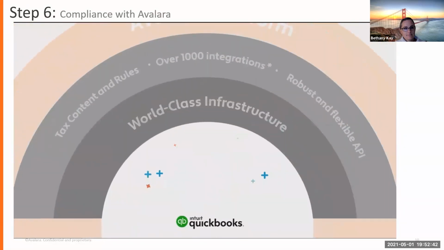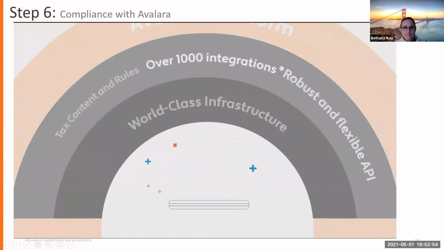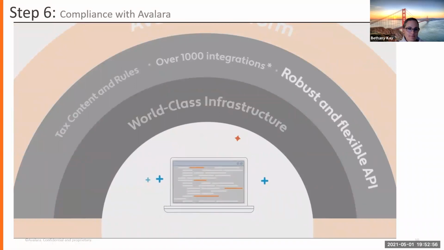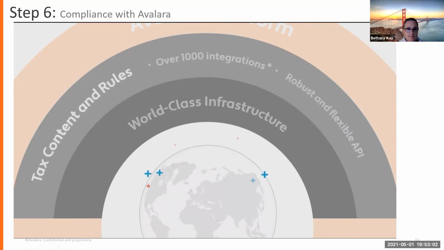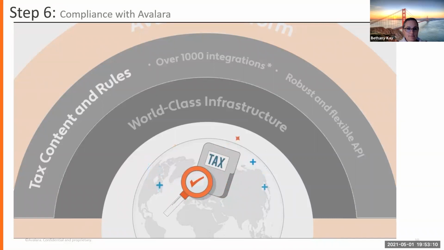Our products only provide value if you can easily connect to the systems you're already using. With more than 1,000 signed partner integrations, we're probably integrated with the applications you use today and may use in the future. If you're running a solution we're not connected to, our flexible API and robust developer toolkit gives you a fast time to market. One of Avalara's key differentiators is our deep knowledge and understanding of current tax content, rates, and rules around the world.